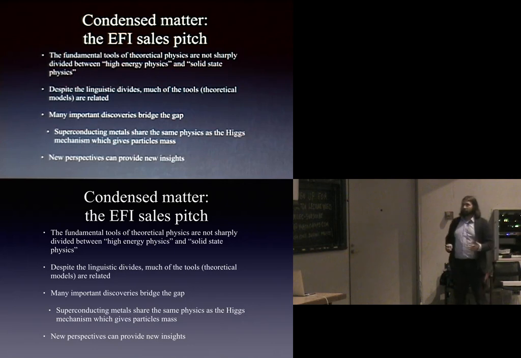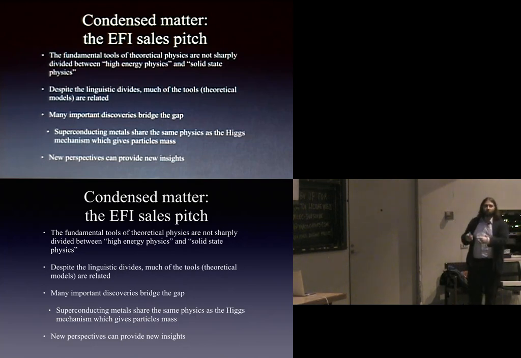For instance, since it was mentioned earlier, superconducting metals, the fundamental reason that metals, when you cool them down to a very low temperature, superconduct, shares much of the same physics as the Higgs mechanism, which we've all heard is the reason that particles have mass. Now those sound like two completely different problems, right?